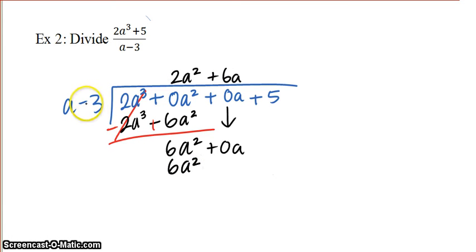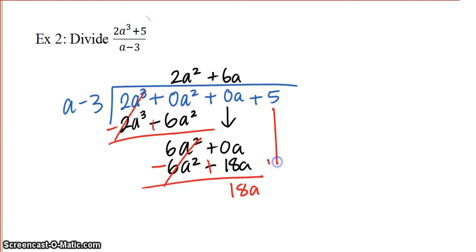6a times a negative 3 is a negative 18a. And we need to change the signs because we're subtracting, so that cancels. So that's going to be 18a. Bring down the 5. Then, what times a gives me 18a?